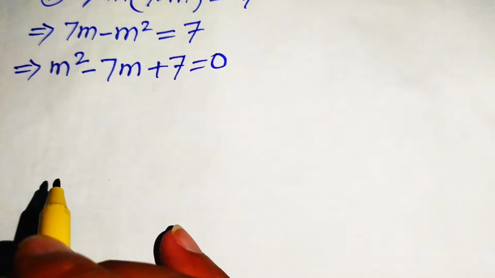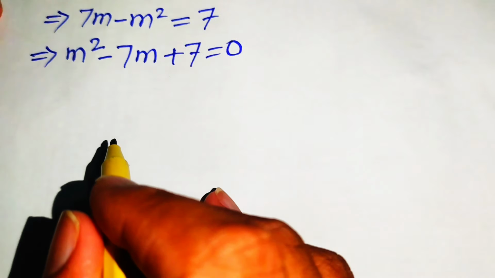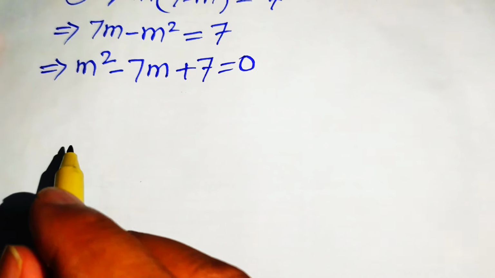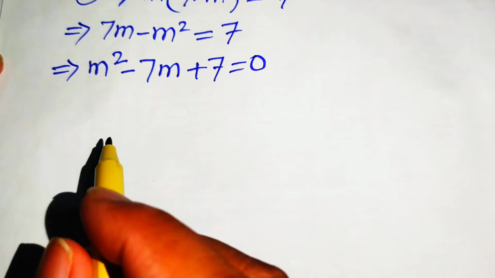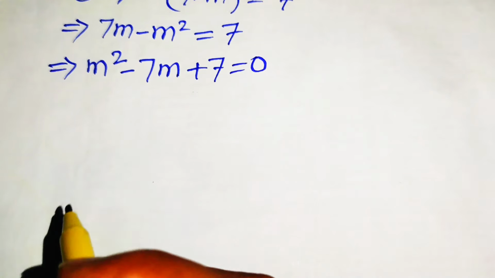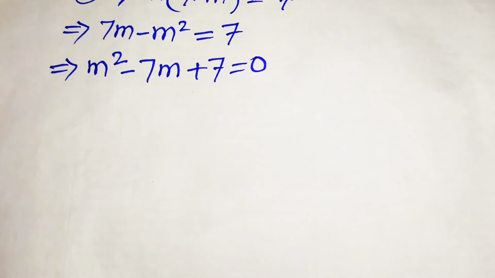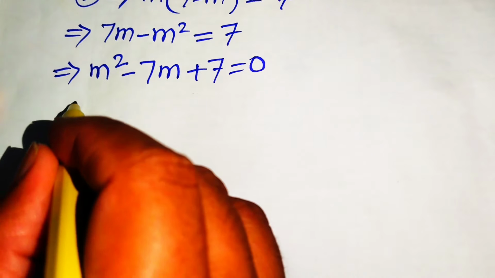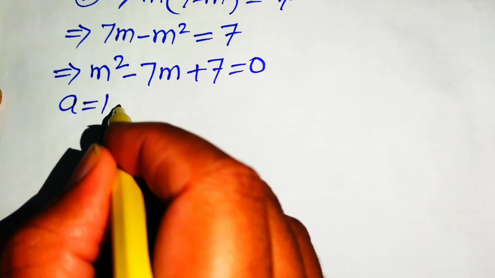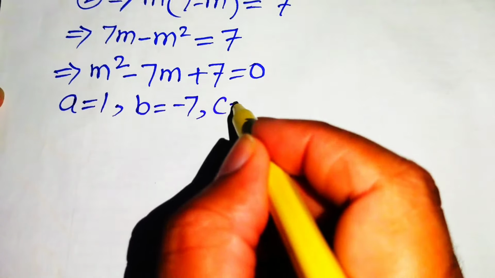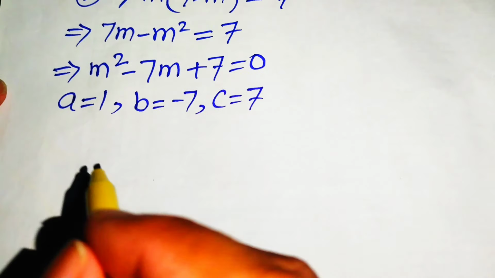Now this is a standard quadratic equation, and we use the quadratic formula to solve it. First we write the coefficients: a equals 1, b equals minus 7, and c equals plus 7.